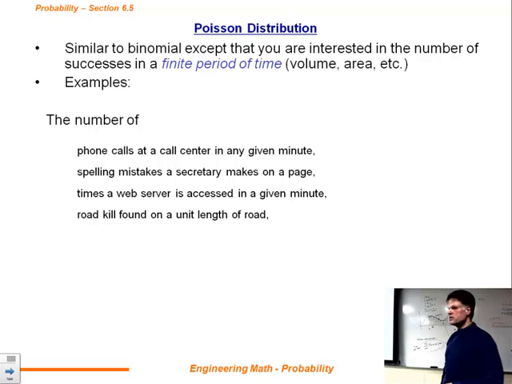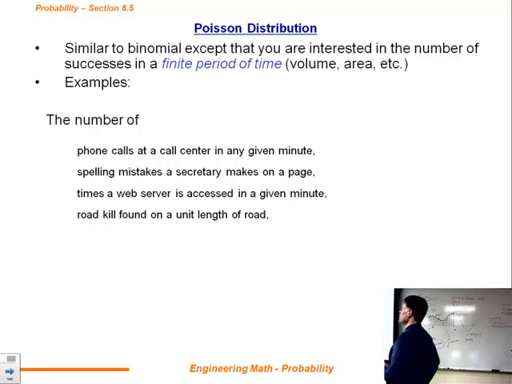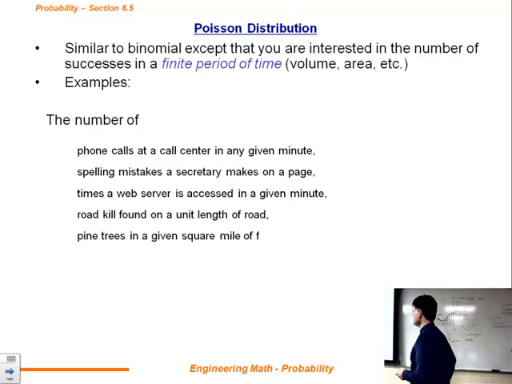Roadkill found on a given length of road, so the number of actual roadkills you found in, say, the next 5 miles of road. All of these are going to be Poisson distributed. So we have to understand what that distribution is.